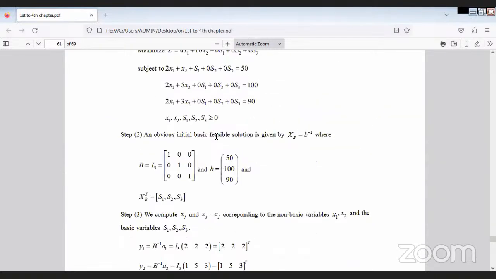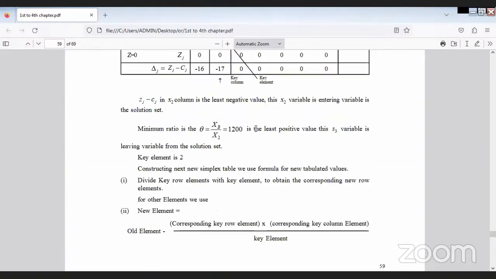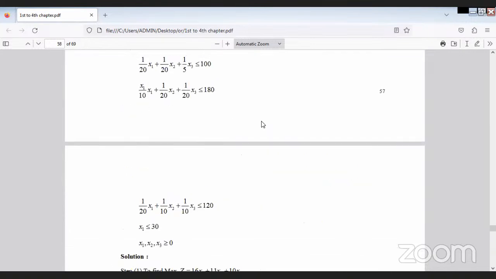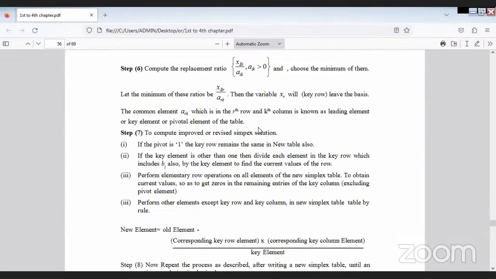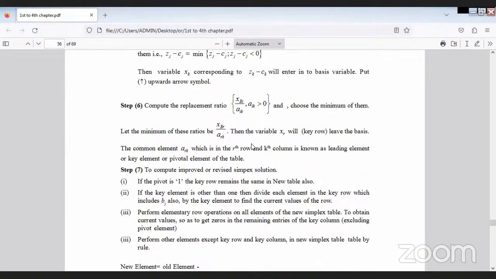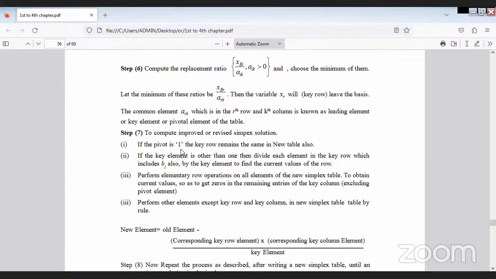Just a minute. I wrote the previous menu here. To complete the simplex solution, its pivot is one of the key. If the key element is other than 1, then divide the key row, which includes bj also, by the key element to find the current values in the row.